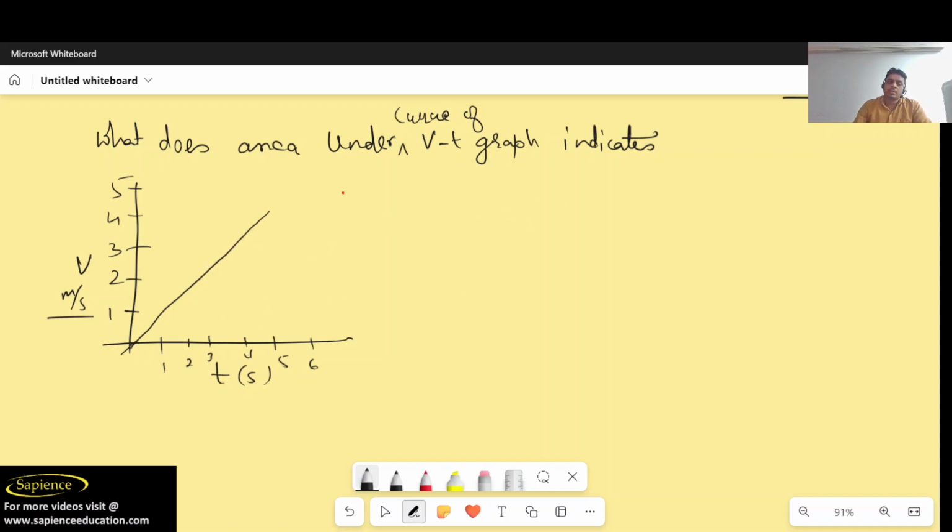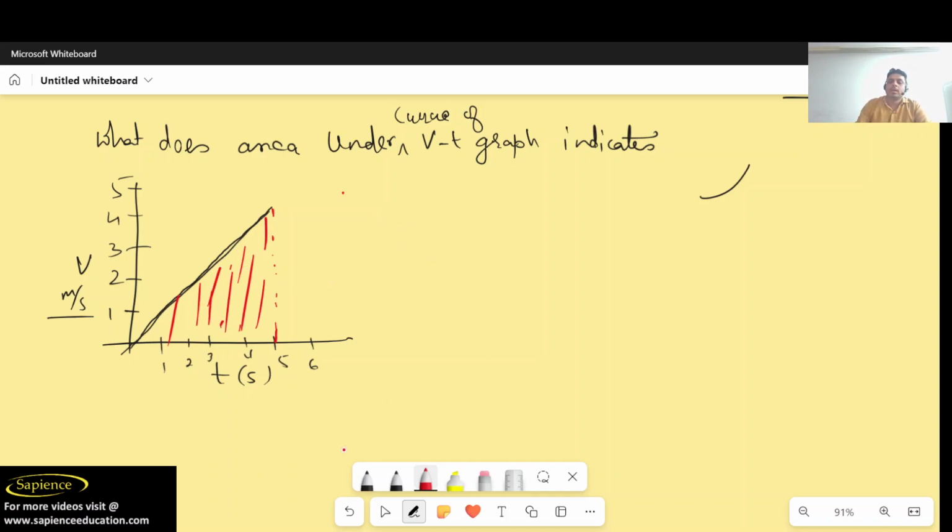So you know that this is your curve, where the curve may be a straight line or may be like this, it doesn't matter. We need to find the area under this curve. The red mark indicates the area under the curve. So how will you find the area under the curve?